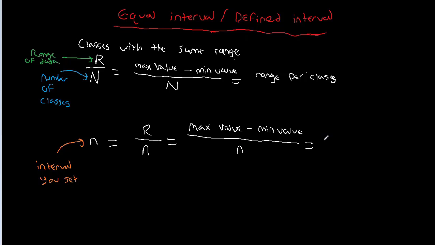And this is going to give us the number of classes. Or put another way, this is going to give us n, because this little n is another way of saying range per class.